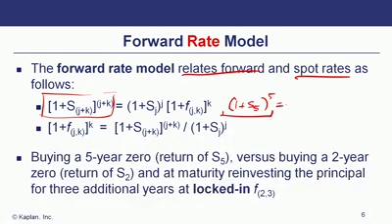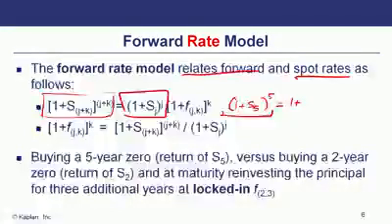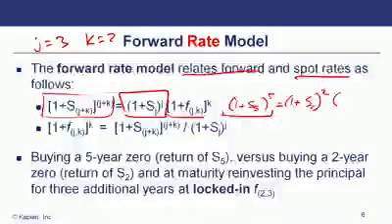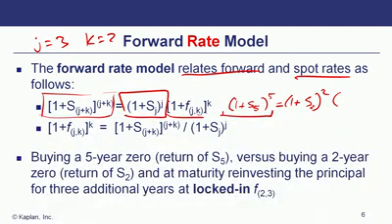And that's going to be equal to 1 plus, and if we look at this, what is that term, S sub J? Well, remember, J was 3 in my little example, and K is equal to 2. So this is going to be 1 plus S sub 2, squared, so we're taking that out 2 years. Then we multiply that by 1 plus F sub J K. Now remember, this is where you have to make sure you're interpreting this correctly.